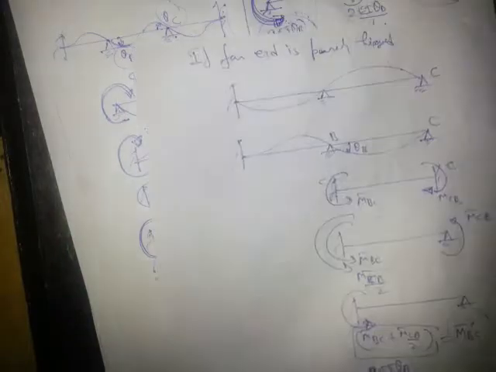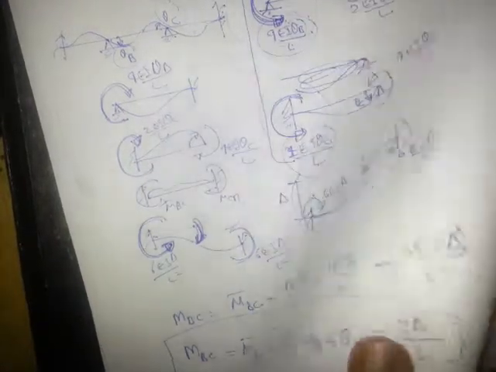And the joint equilibrium equation will be written for the intermediate joint, because that is the only imbalance joint, right? Now, if delta is also present, how will we solve the question? For example, if there is no sway, then joint equilibrium is enough.